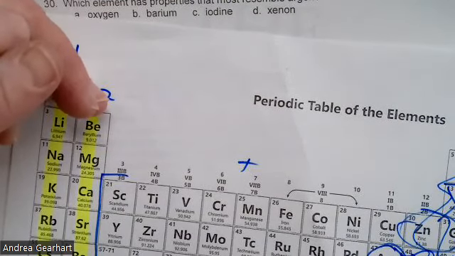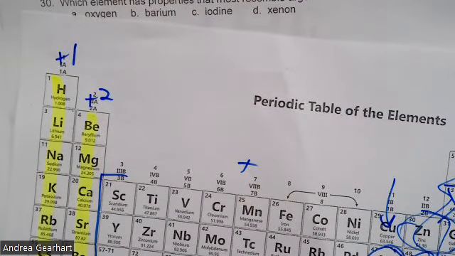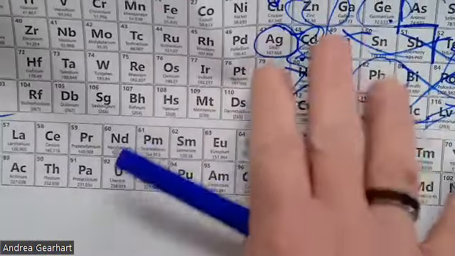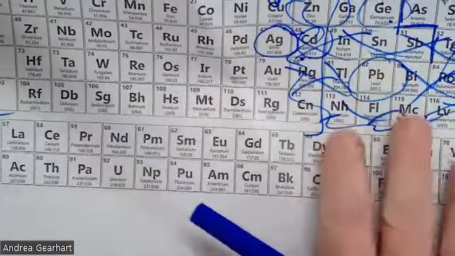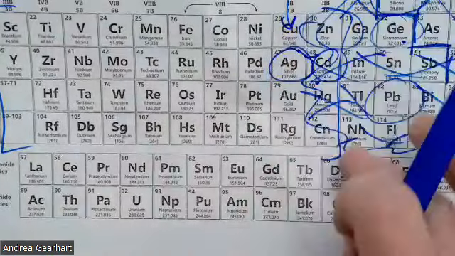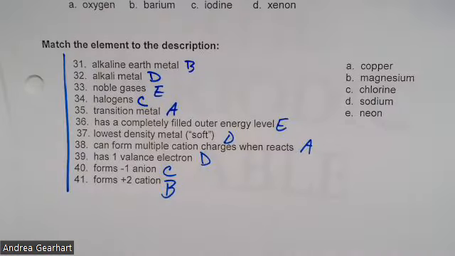So copper forms multiple cation charges. It's just transition metals. Now, that property also carries a little over into the B block, but theoretically and truly, transition metals are only D block. Did that address what you need? Jeremy?